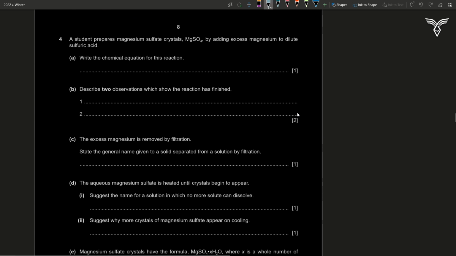ماشي. Question number 4. A student prepares magnesium sulfate crystals MgSO4 by adding excess magnesium to dilute sulfuric acid. Write the chemical equation for this reaction. طيب هو عندي بيستخدم excess magnesium added to dilute sulfuric acid اللي هو H2SO4 بيعمل فورمول A ل MgSO4. واحنا عارفين ان لما الميتالز عندنا in groups 1 and 2 and this could appear more often يعني moving forward, بس in groups 1 and 2 when metals react with an acid they form hydrogen.